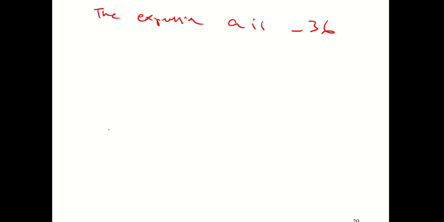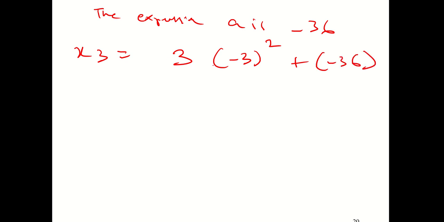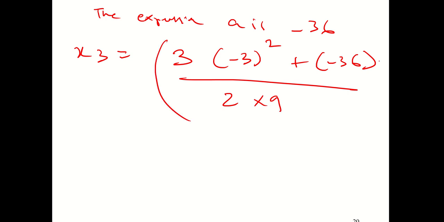Now x3 is equal to ((3 times minus 3 whole square plus minus 36) by (2 into 9)), whole square, minus 2 times minus 3.